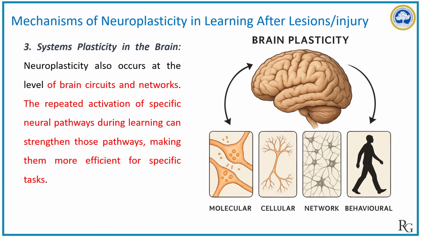Another key observation is that stroke affects the connectivity, that is, the communication between brain regions. Not only do areas near the affected region show altered connections, but even intact areas in the opposite hemisphere show reduced connectivity. For example, interhemispheric communication between the two primary motor cortices becomes impaired.